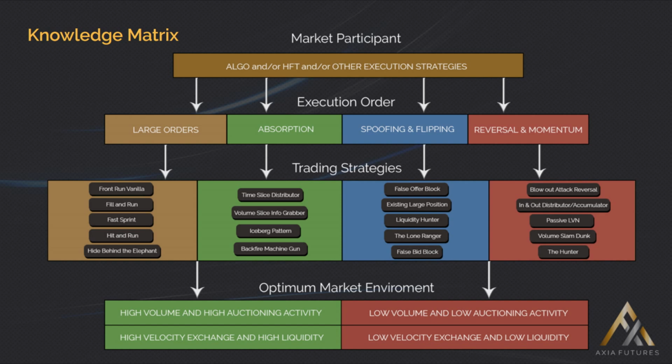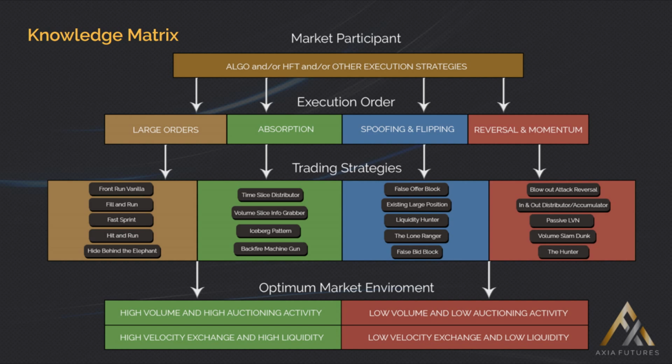Then we look at the spoofing and flipping price ladder patterns, how to see them and how to maneuver around them. Then, using a combination of the large orders, the absorption, the spoofing and flipping, we start looking at personality price ladder shifts to know when there's a reversal in play. And we look at the final section, reversal and momentum type plays.